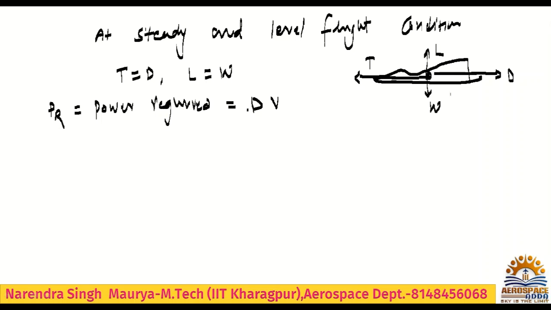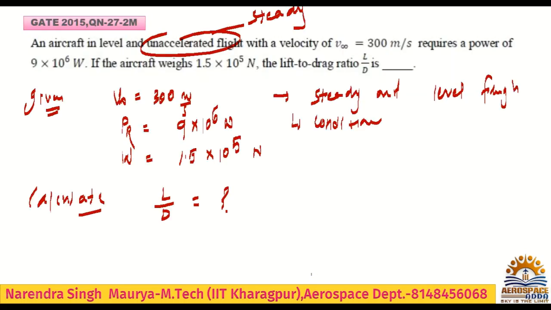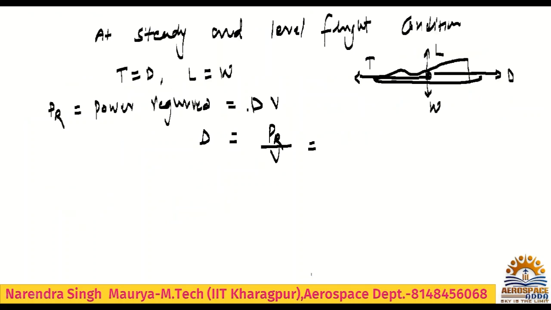What is the force you have to write for the power? It is drag. So drag into velocity. Velocity is given, so you can calculate drag, which is power divided by velocity. The value is 9 into 10 power 6 divided by velocity, which is nothing but 30 into 10 power 3 Newton.